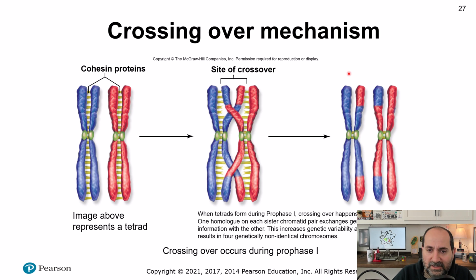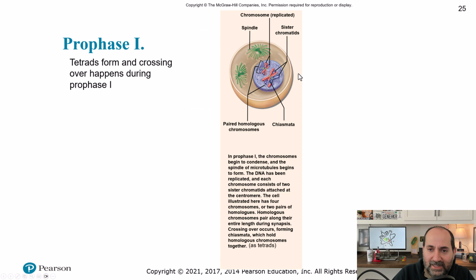During sexual reproduction, the genes are shuffled around, the chromosomes are shuffled around as much as possible because this gives the offspring the best chance at surviving, right? This leads to what's known as adaptation. So the purpose of crossing over is to increase genetic variability. Isn't that neat? So this is exactly what's going on during prophase I of meiosis.